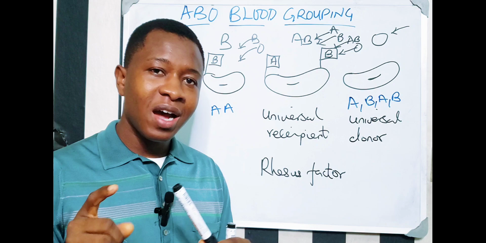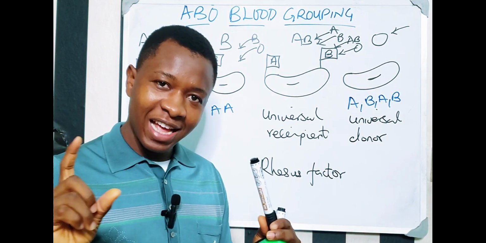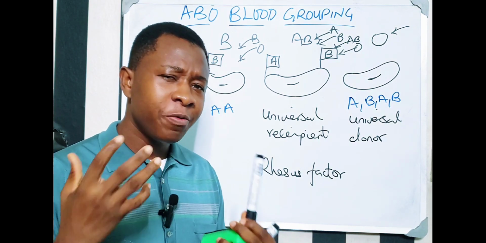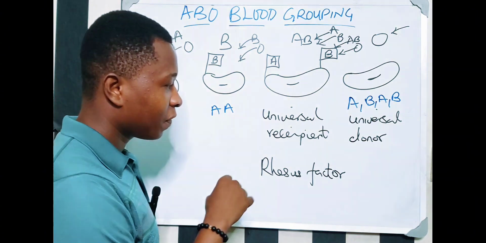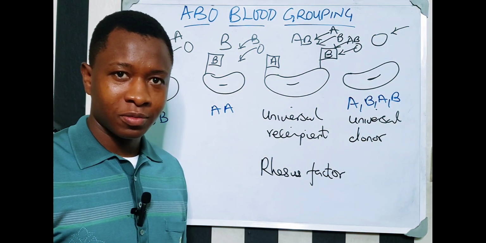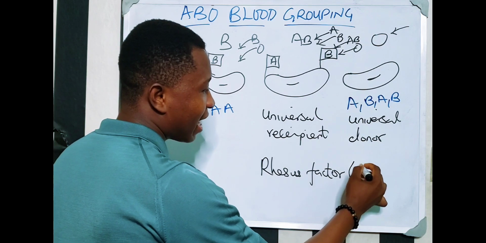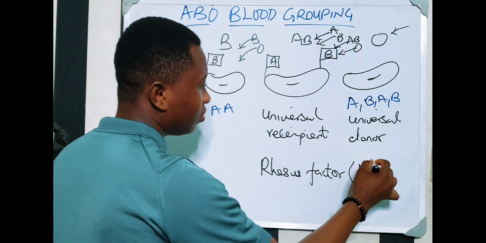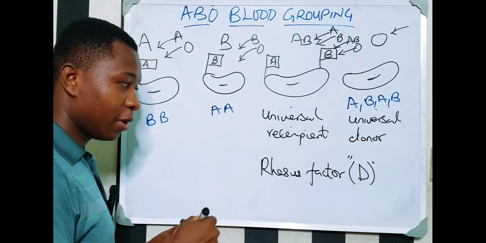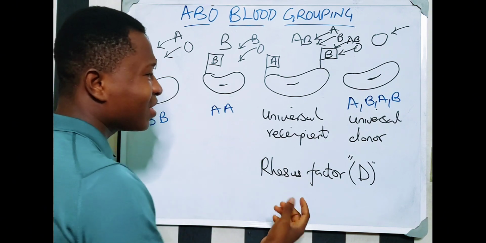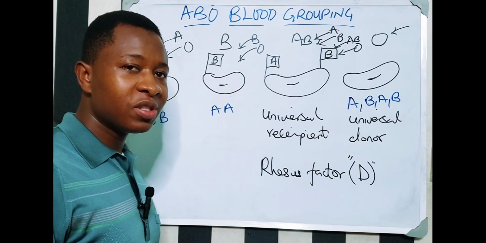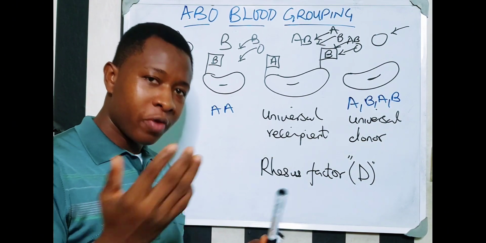Now, the negative and positive sign attached to your blood type is as a result of the presence of the Rhesus factor. This Rhesus factor is often designated with D, D sign. Okay, so when this Rhesus factor is present in your blood, that means you are positive for Rhesus factor.